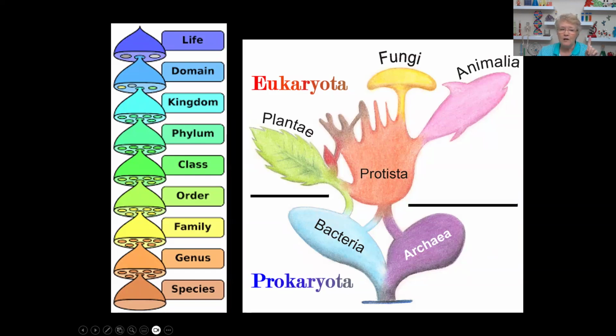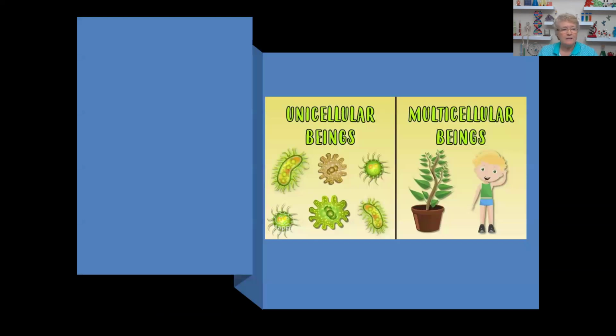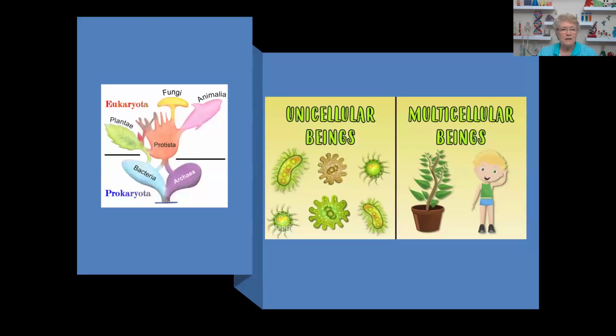They are all unicellular. So we can see the multicellular beings, animals and plants. Fungi and protists have some, and bacteria are going to be unicellular, as are the archaea, which we'll learn about at the end of this semester.